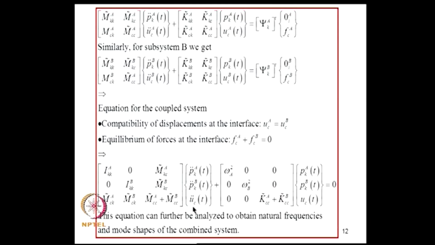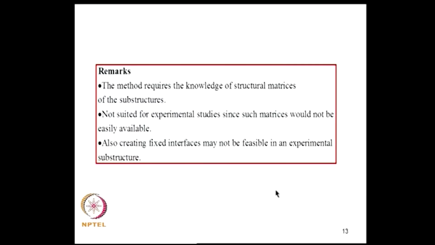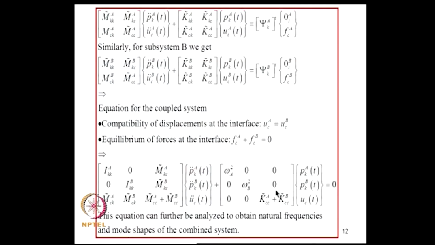The coupling degrees of freedom are equal by this compatibility requirement. So, this is the state vector and this is the mass matrix and this is the stiffness matrix. The stiffness matrix itself is in terms of the subsystem natural frequencies in the fixed interface form, and these matrices which we have derived. Now, this is the equation that we need to analyze to produce the eigen solutions for the built up structure.